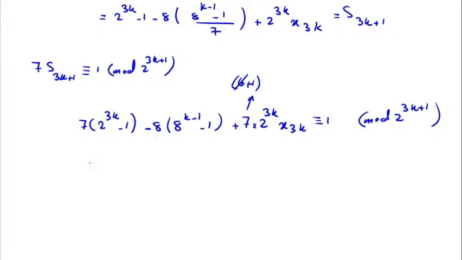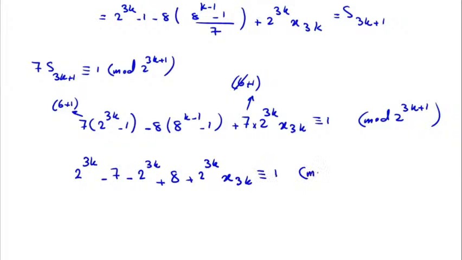And then 7 times 2^{3k}, again you say 7 is 6 plus 1. 6 times 2^{3k} is 0, because it is a multiple of 2^{3k+1}. So it will be 2^{3k} and minus 7 for this part. Here 8 times this will be negative 8^k, which will be 2^{3k}, minus this plus 8, and plus 2^{3k} x_{3k} is congruent to 1 mod 2^{3k+1}.